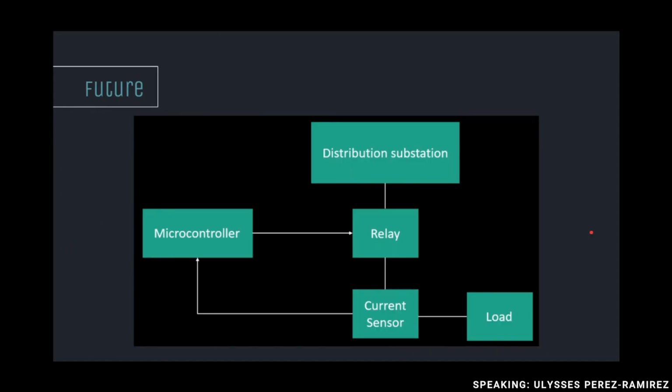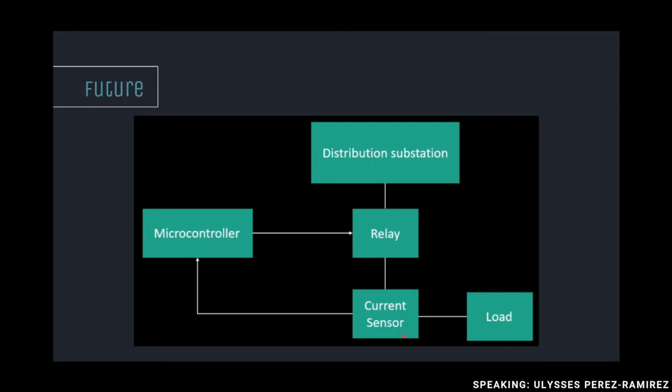This is a block diagram, as an example, for one of the lines that come out of the distribution substation and go into the load. The protective relay works like this. It consists of a current sensor, a relay which is normally closed, and a microcontroller. As power flows from the distribution to the load, the current sensor sends readings to the microcontroller.